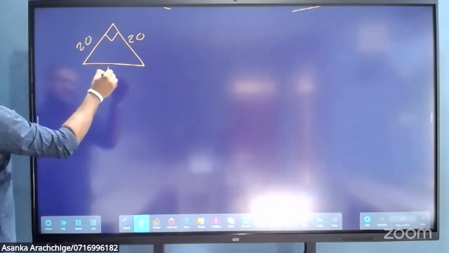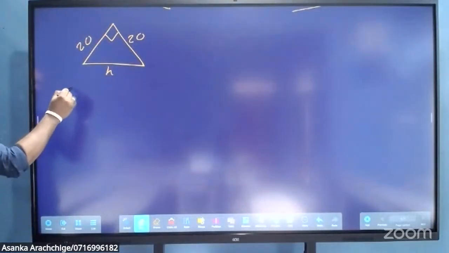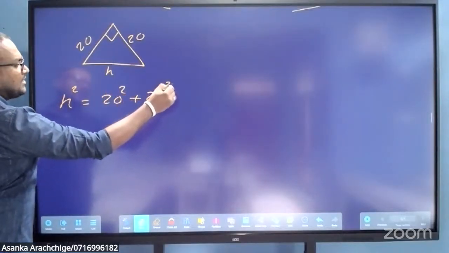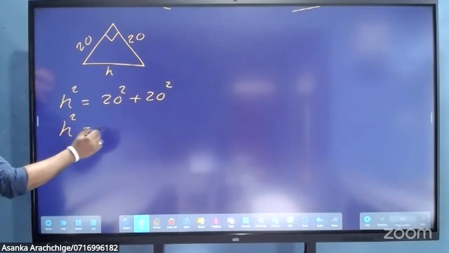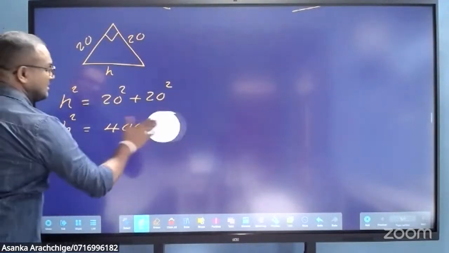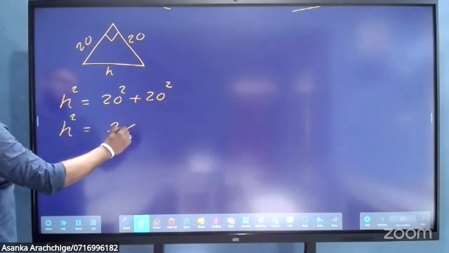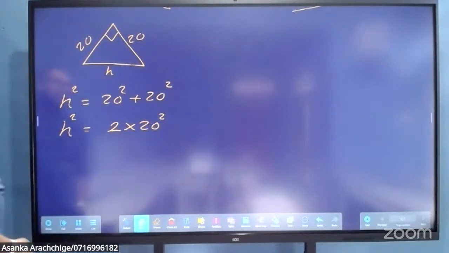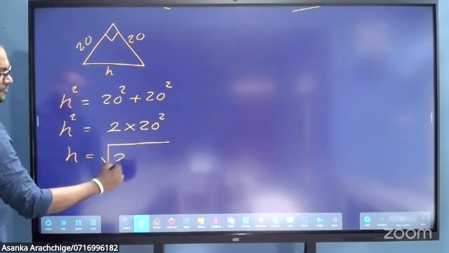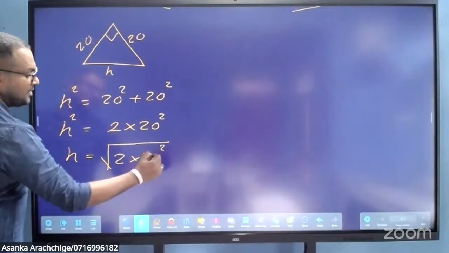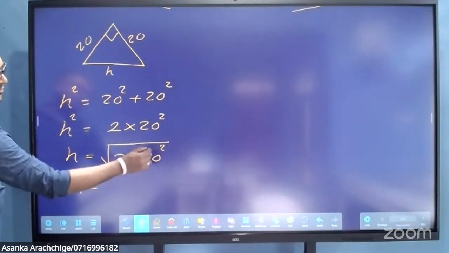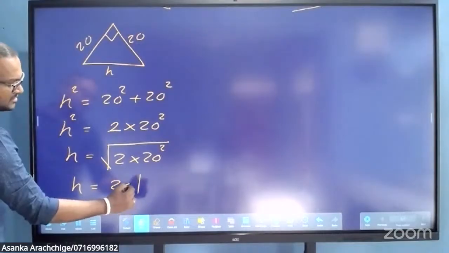I take this as h. You know, h squared is equal to 20 squared plus 20 squared. h squared is equal to 400 plus 400. Or you can write like this also: 2 times 20 squared. Therefore, h must be square root of 2 times 20 squared. So h is equal to 20 square root of 2.